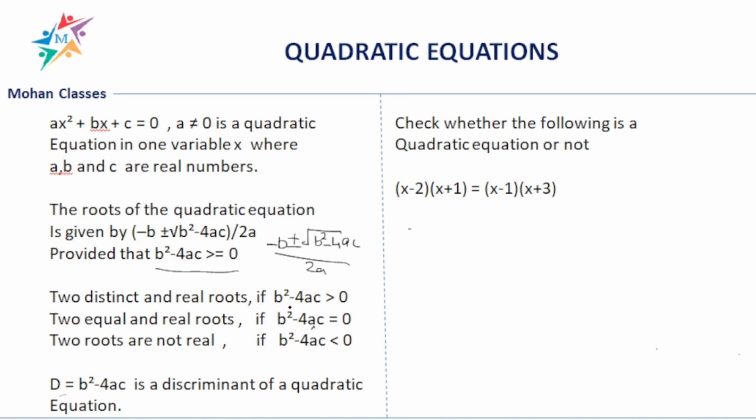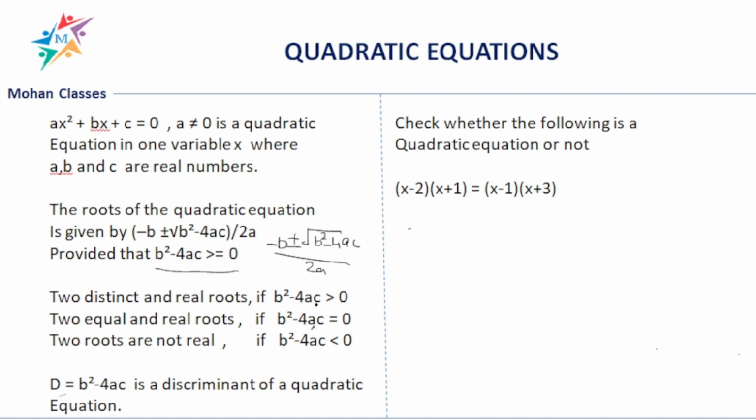This b square minus 4ac plays the major role in this quadratic equation. If b square minus 4ac is greater than 0, we will have distinct and real roots. If b square minus 4ac is equal to 0, we will have equal and real roots. If b square minus 4ac is less than 0, what? Not real roots. Understand? What is distinct and real roots?